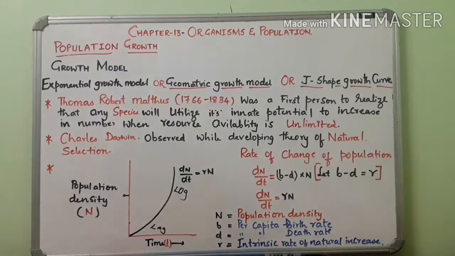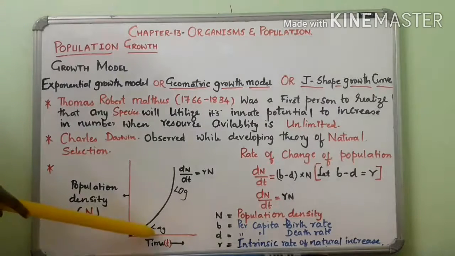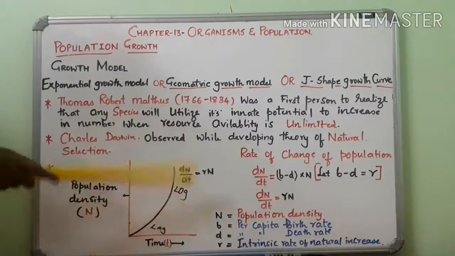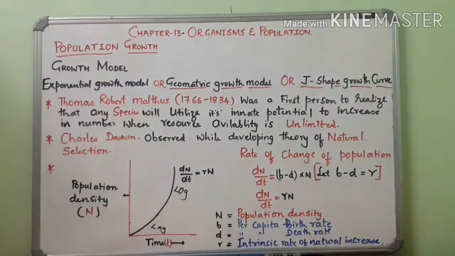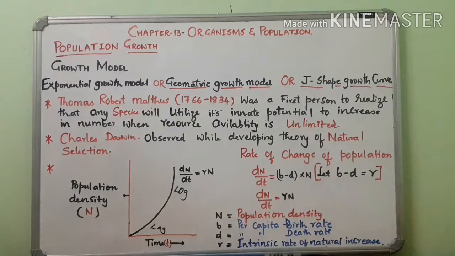Here in the exponential growth model, we see only 2 phases, lag phase and log phase. The lag phase is the initial development; in the log phase, when the resources are unlimited, it will grow fast, and that growth we call exponential growth.